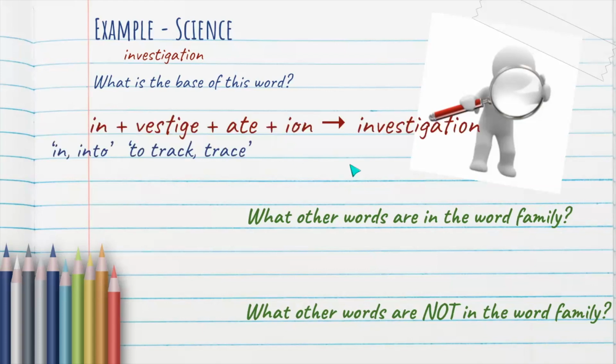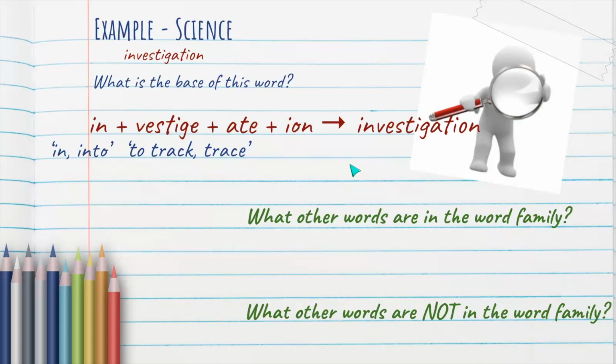So here we have IN as a prefix meaning in or into. Vestige, it's an old word, meaning to track or to trace. And then we have ATE and ION.